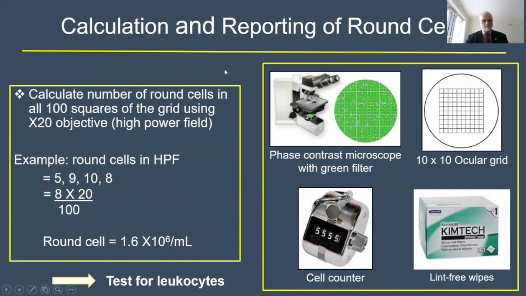If we see more than this number of white blood cells, that should be determined according to this formula: we count in a light microscope all these 10 by 10 grids, and if it is more than or equal to 1.0 million leukocytes per milliliter, then we have to do the leukocyte test.